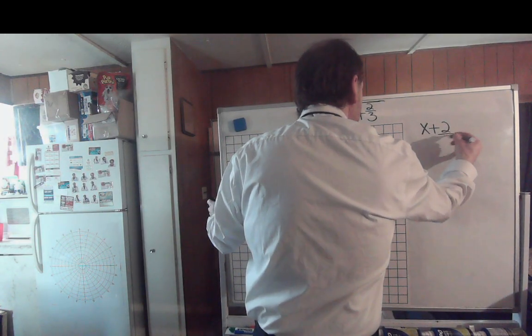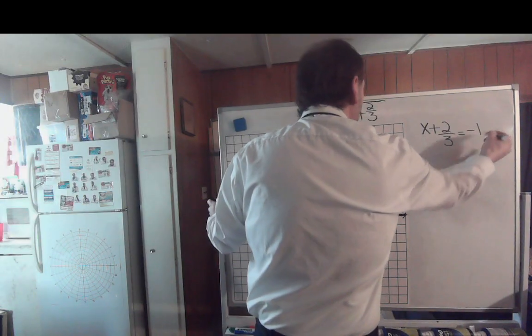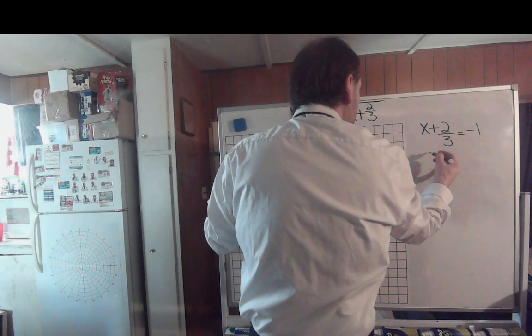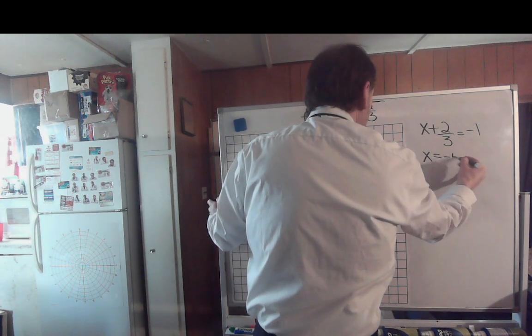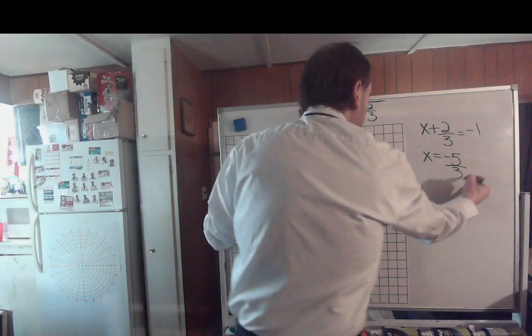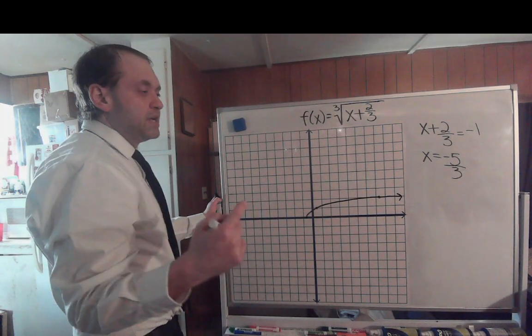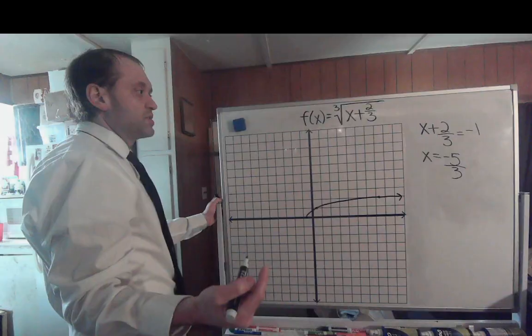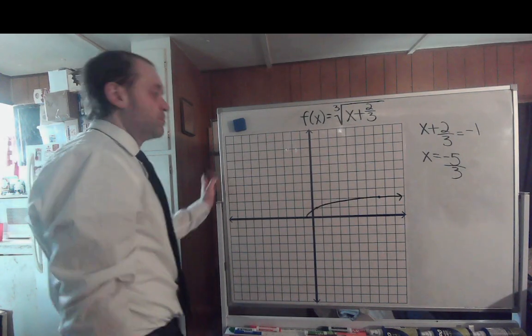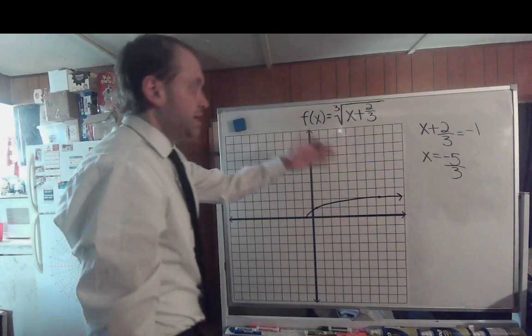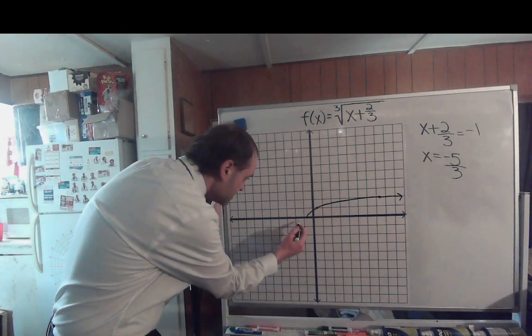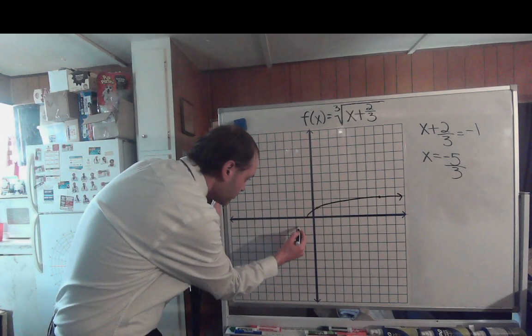Let's see, x plus 2/3 equals negative 1. So x would equal negative 5/3. Okay, so that would end up being negative 1 2/3. So when x is negative 1 2/3, you get the cube root of negative 1, which would be negative 1. Negative 1 2/3 right there.